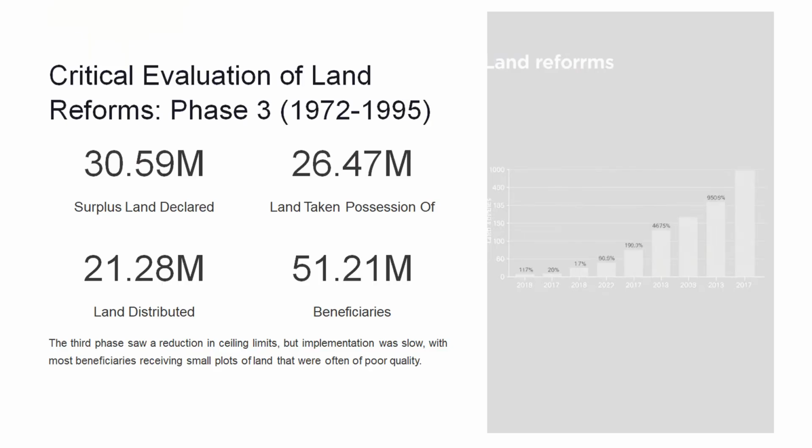Then coming to the third phase, that is from 1972 to 1995. During this phase, the major breakthrough was to reduce the existing land holding ceiling limit, especially in the Conference of Chief Ministers held in New Delhi on the 23rd July 1972.